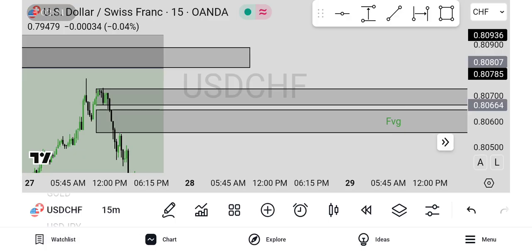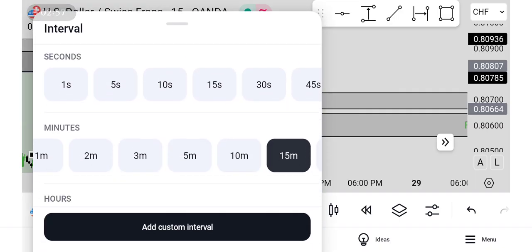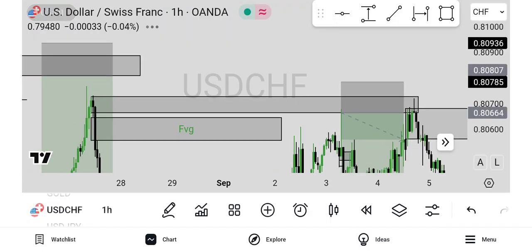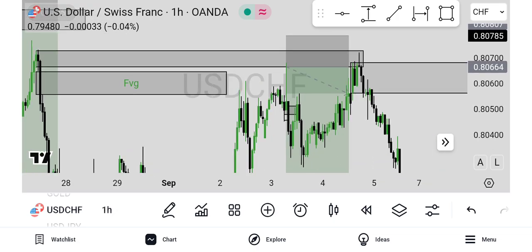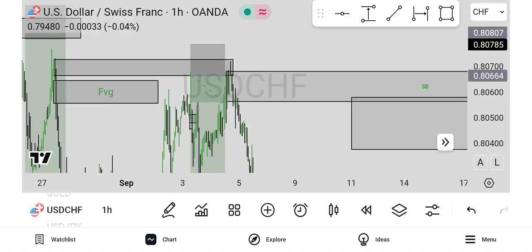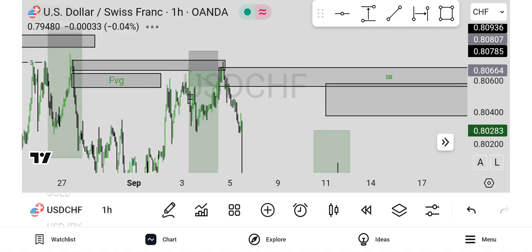You won't be able to tell if there's a supply block here or not. So you scale up to a higher time frame and you see that it's much clearer. So when drawing order blocks or supply blocks, you should take them from a higher time frame.